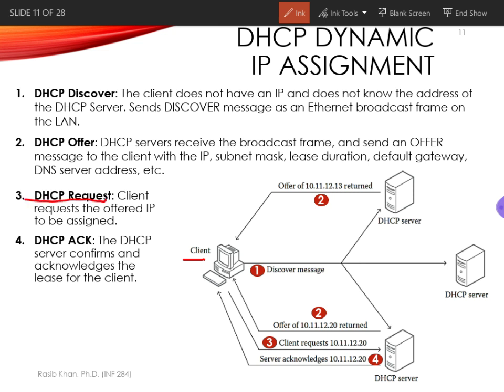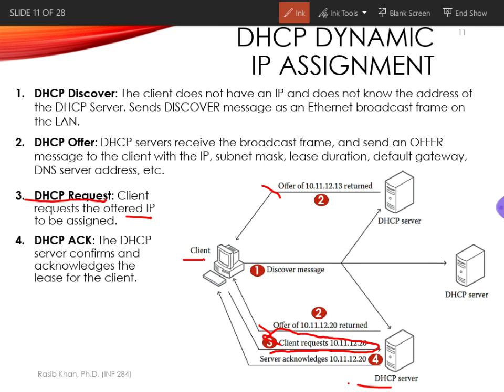So the DHCP request is the third message in the DHCP protocol, where the client requests the particular offered IP to be assigned by the DHCP server. In this case, the client receives 3 offers from multiple different servers, and then it sends out only one client request with only one of these IPs to only one of the DHCP servers.